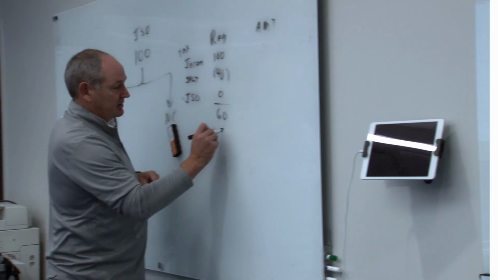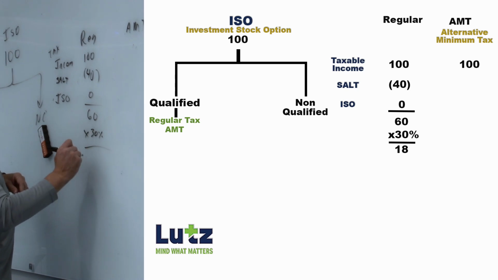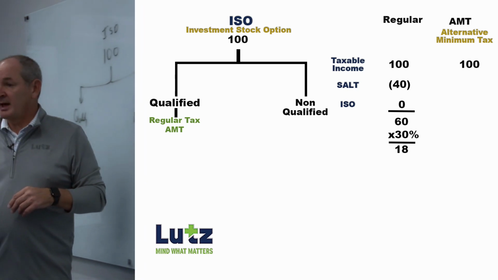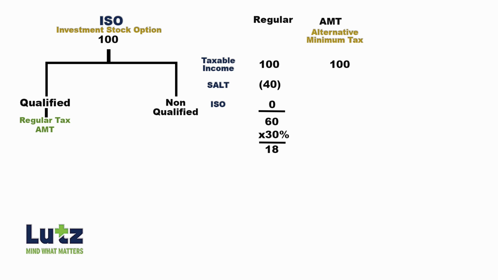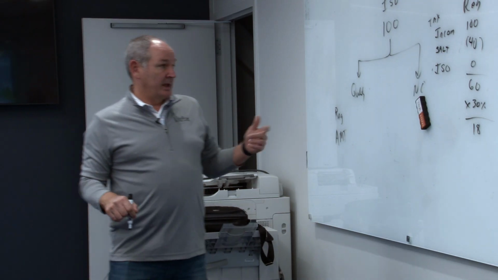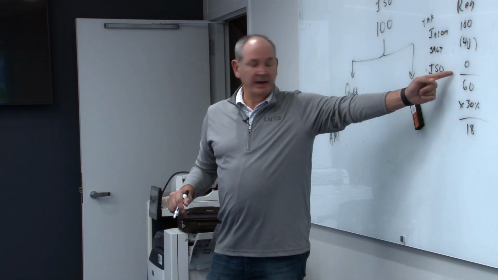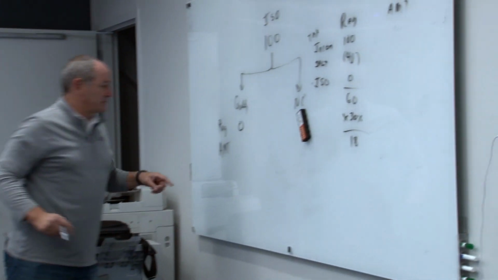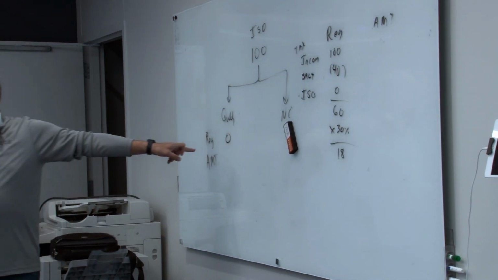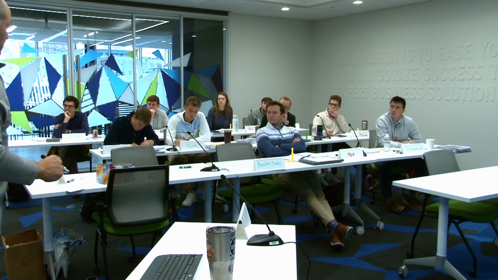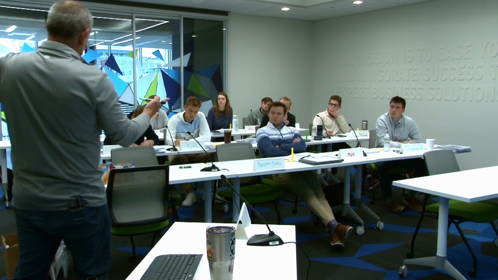So if I take this times 30%, that's $18 of tax. But now for AMT purposes, you see I got ISO at 0 here. An ISO that falls into the qualified option results in 0 taxable income for regular tax. Well, that sounds nice, doesn't it, Max? Oh, it does.